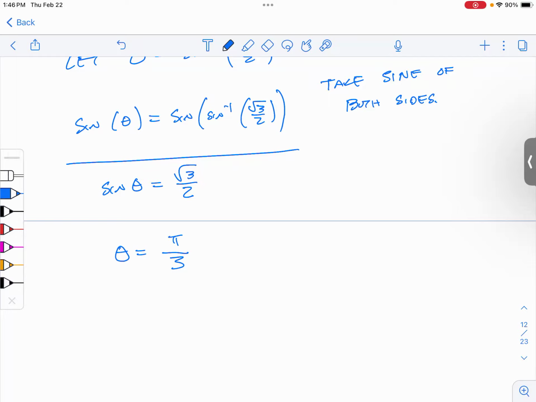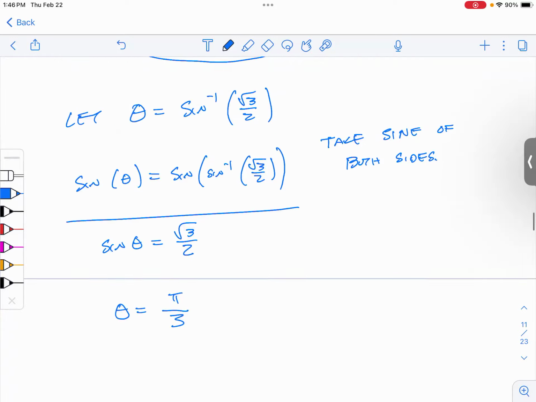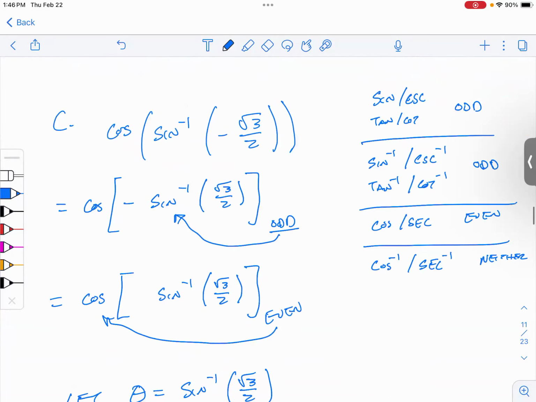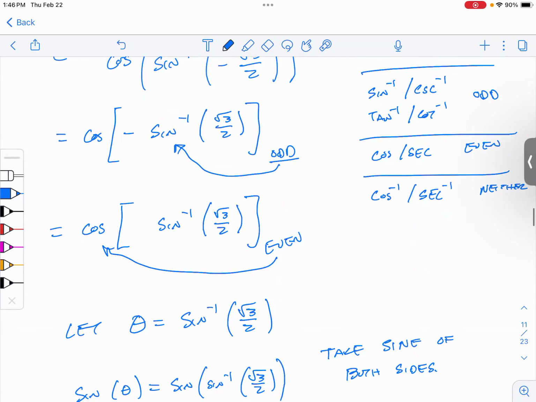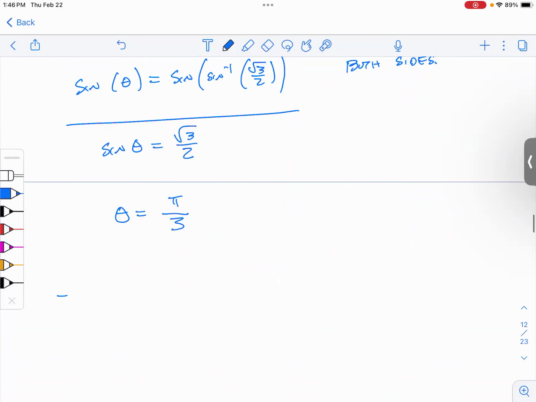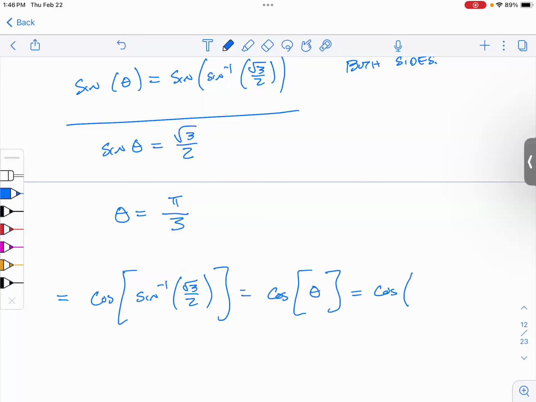We're all right? Okay, now back to my function. So I had cosine of a bunch of stuff. Cosine of sine inverse of root 3 over 2, which became cosine of theta, which is actually cosine of pi over 3.